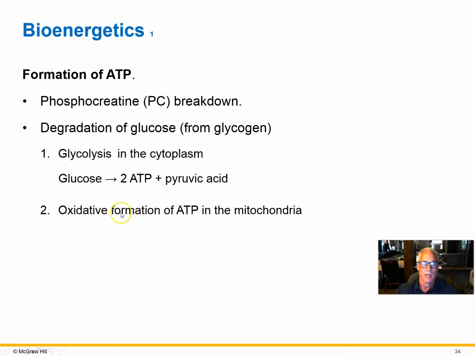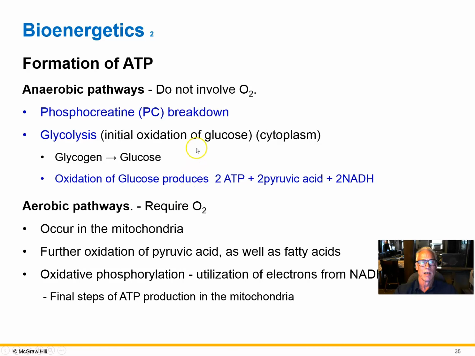And then ultimately, if we need more ATP than, say, a minute or two of exercise by glycolysis can produce, we will undergo oxidative processes in the mitochondria to produce a large number of ATP per glucose. So let's take a look at the anaerobic pathways.